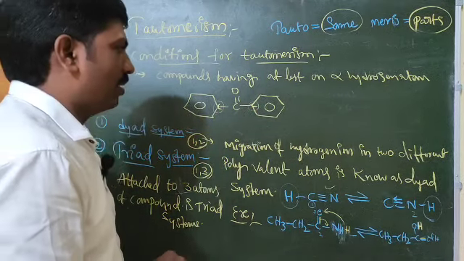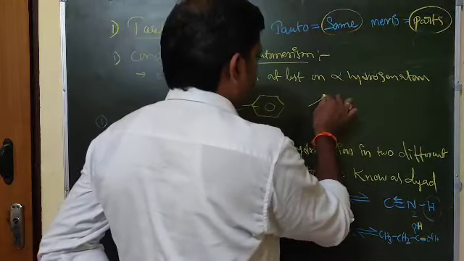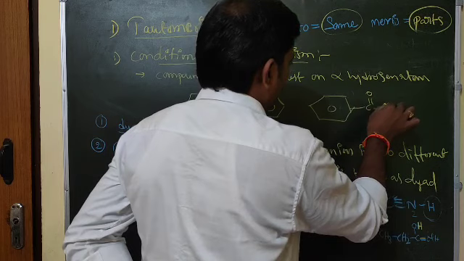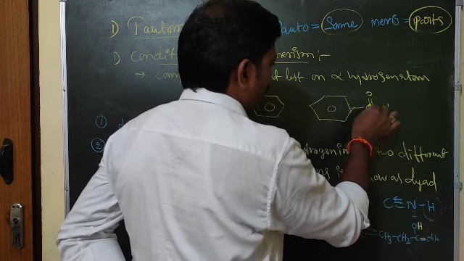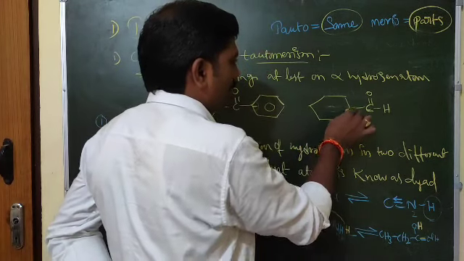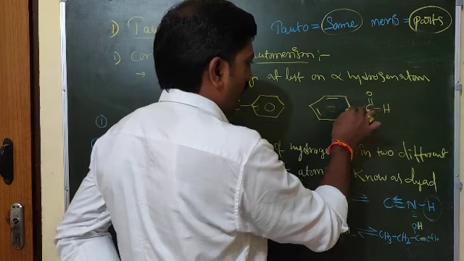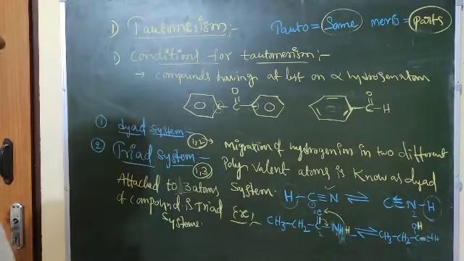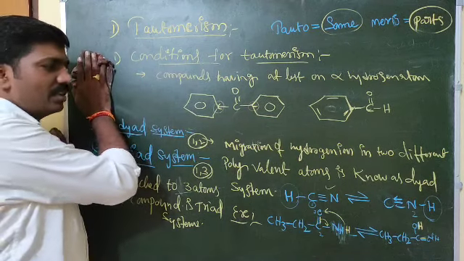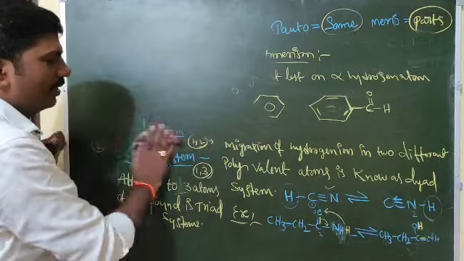One more example: C double bond O H, a functional group compound. Here there is no alpha hydrogen, because of the double bonds, with four bonds on that carbon. So compounds like these are not applicable for tautomerism. So this is about tautomerism. Thank you.